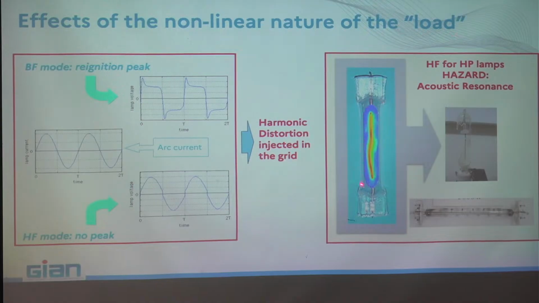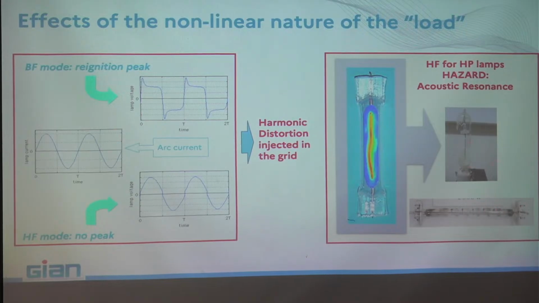And of course, the silica wall cannot afford more than 900 or 1,000 degrees C. That means if your arc starts snaking inside the lamp, the hot part of the arc will approach the wall, and if it is a silica wall, you don't see it very well here, you can change completely the form of the tube. Here you can see that you have bumps because the arc deformed the tube.